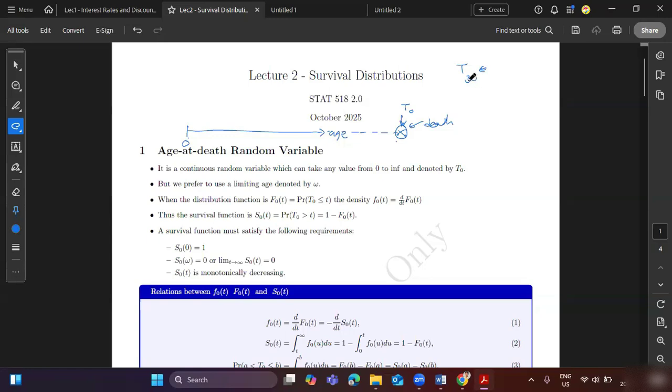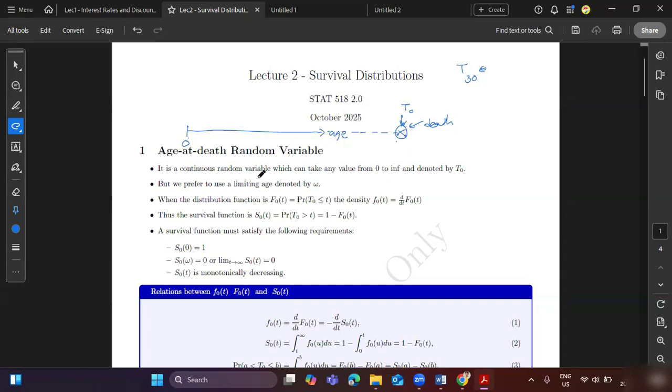This is the time taken to death of a person who is age 30 by now. So T30 is the time to death random variable of a person whose age is equal to 30. T0 is for an infant, and it's the time to death for that infant. That's how that definition works.